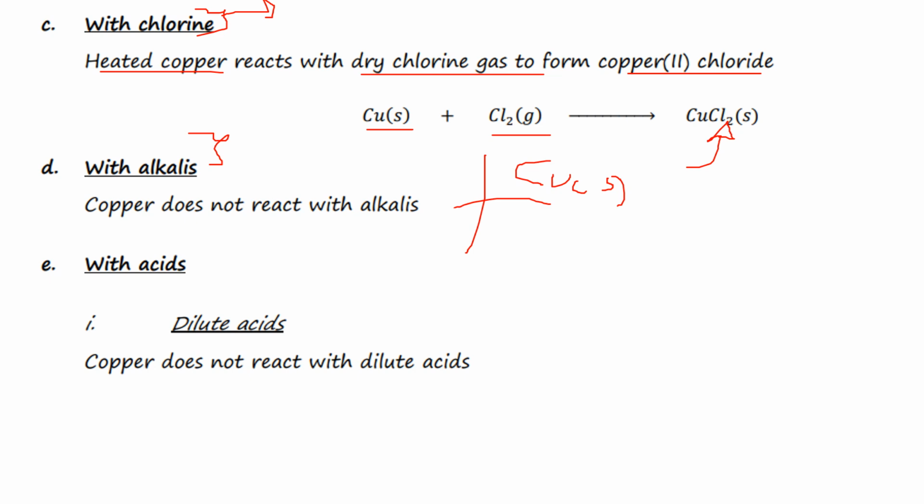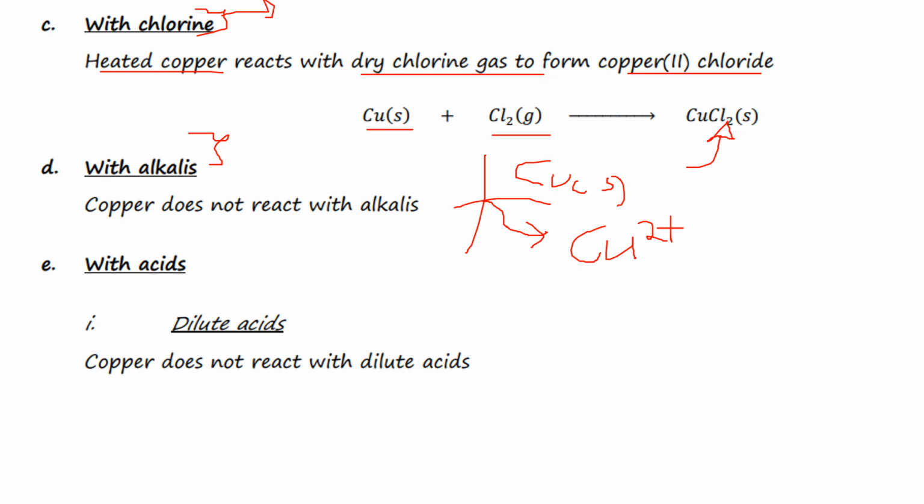But if copper is in the form of ions in test solutions, then it can react with alkalis. For example, if you add sodium hydroxide or ammonia solution to a solution containing copper ions, you get observable changes according to its chemistry and the practicals. But copper as a metal or element does not react with alkalis because it is a basic element.